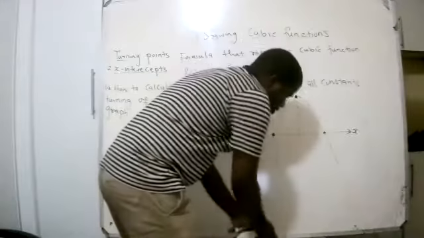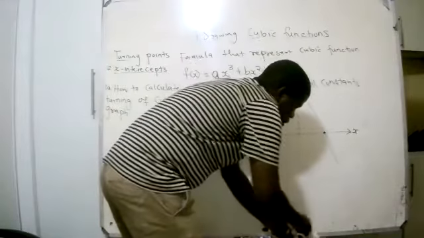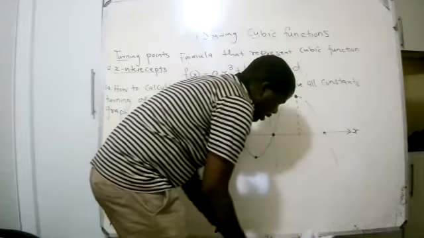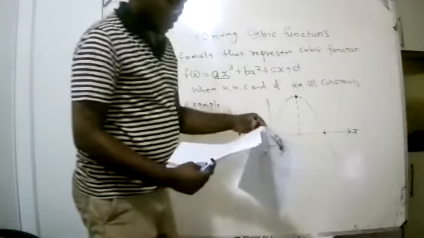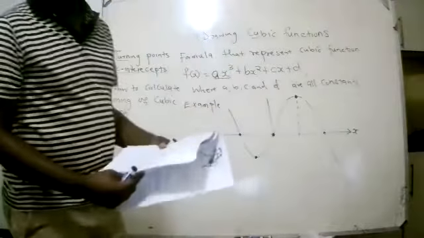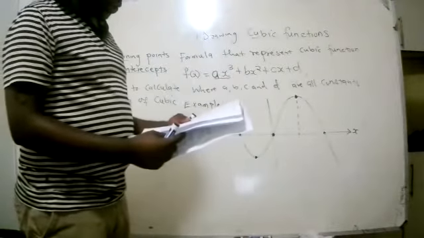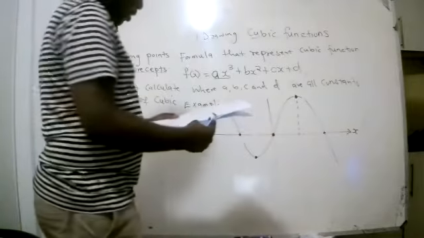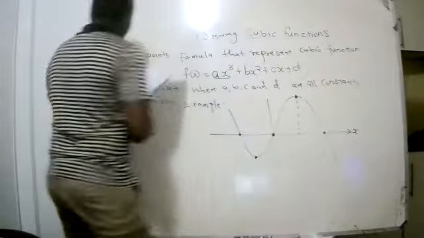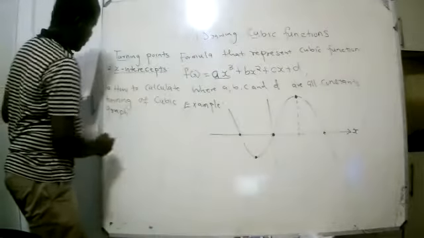Let me tell you without any hesitation that the method we use for calculating the turning point of the parabola graph does not work here. We can't use it to calculate the turning point of the cubic graph.